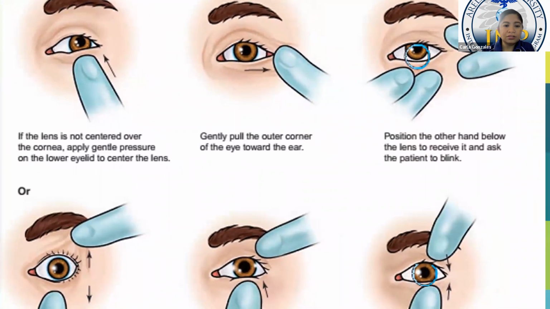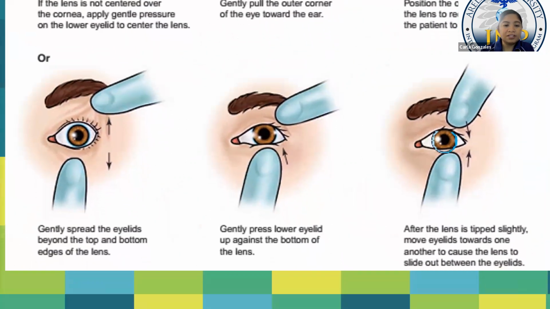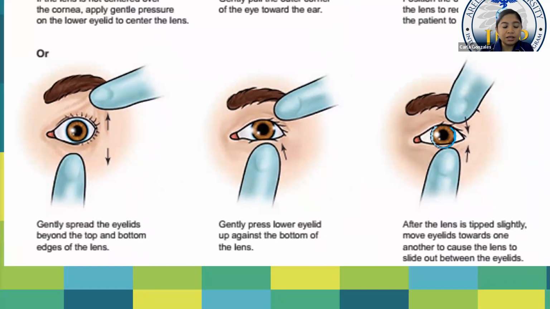So what you can do is try to apply gentle pressure on the lower lid, and then you pull the outer corner of the eye toward the ear so that it will push the contact lens outward. Position the other hand below the lens to receive it. If it's a soft contact lens, same thing.